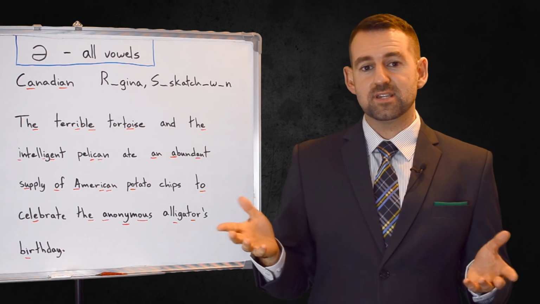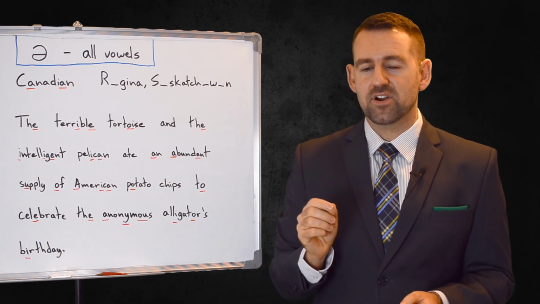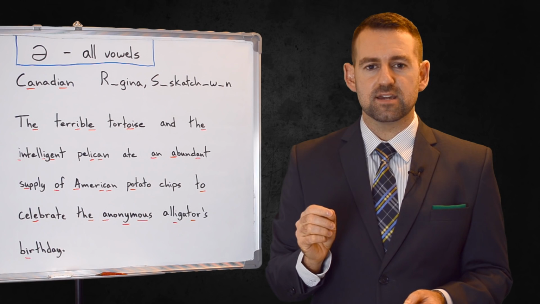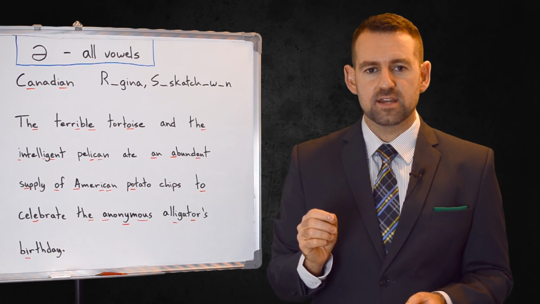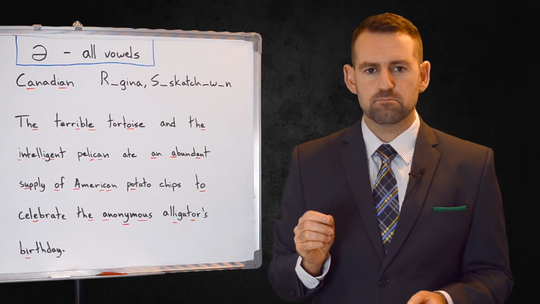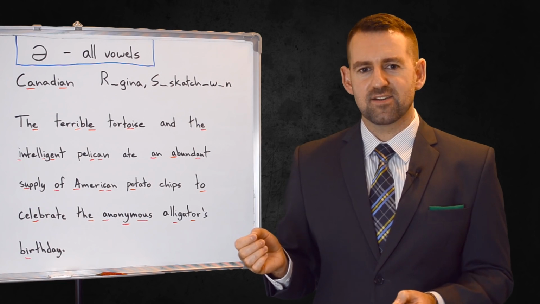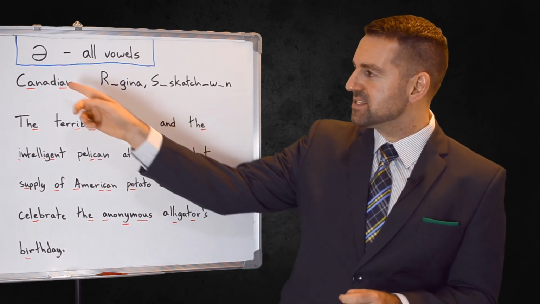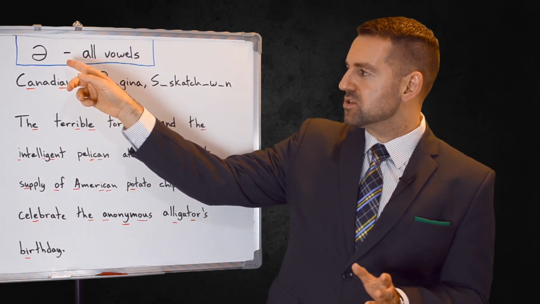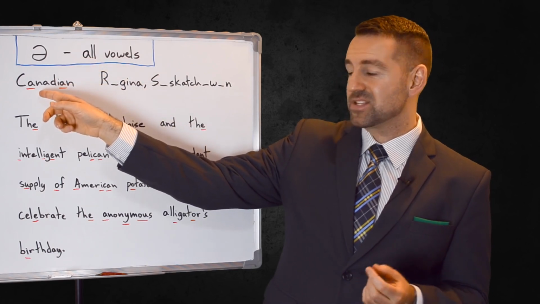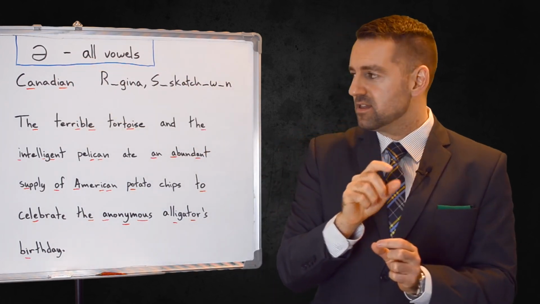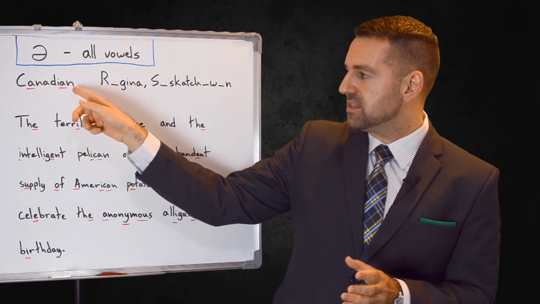They just disappear. Okay, listen very carefully. Canadian. All right, so that's what this symbol is here. It's the schwa sound that's replacing this A and this A.